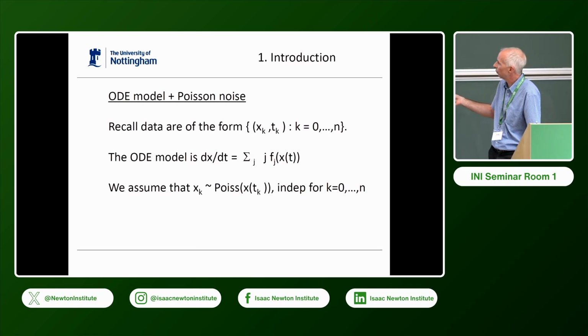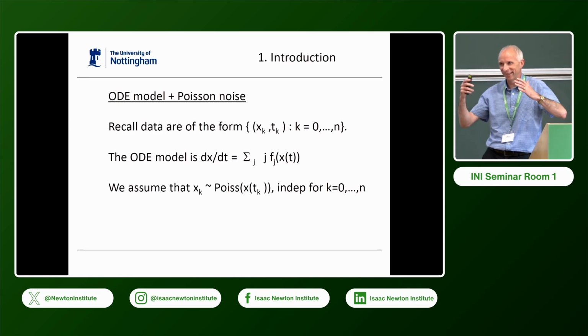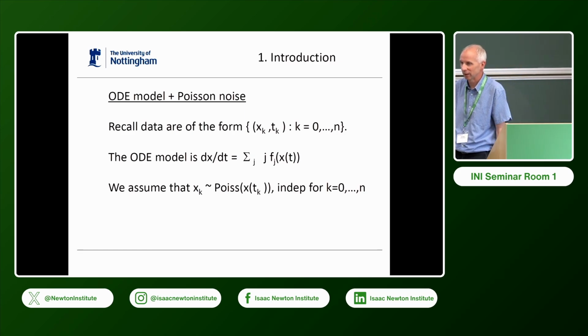The ODE model is this one, and what this assumes is that because even deterministic modelers realize that life isn't deterministic, you have to have some kind of noise or error, and maybe get a likelihood. And one way to do this, which is quite common, is that you assume that the kth observation is actually drawn from a Poisson distribution, and the mean or parameter of that is the solution of this ODE model. Okay, so as I say, this is very common. You'll see lots of papers that do this sort of thing in the literature.